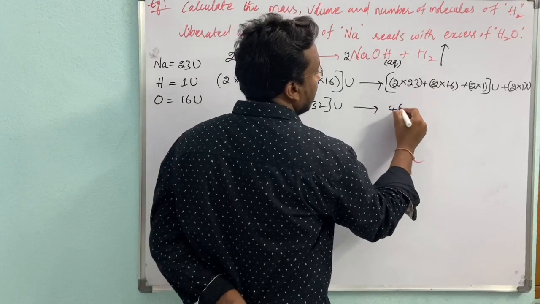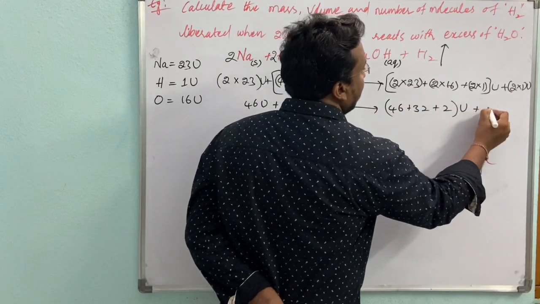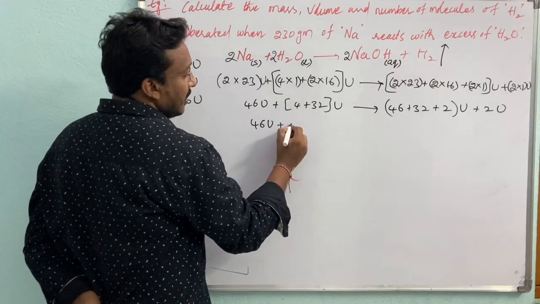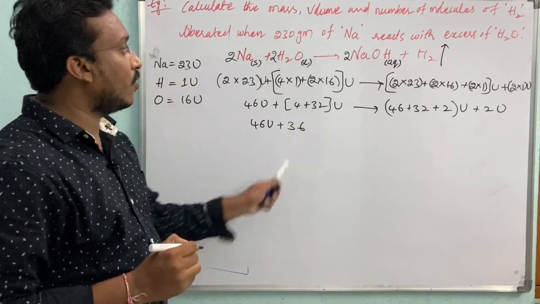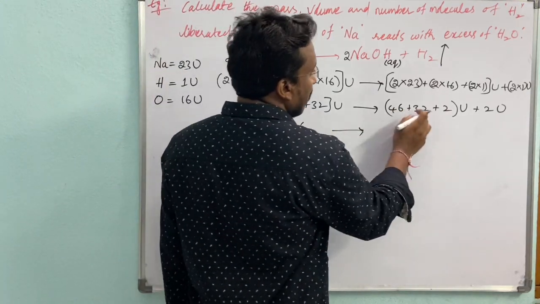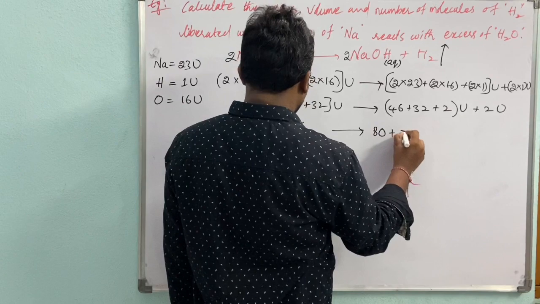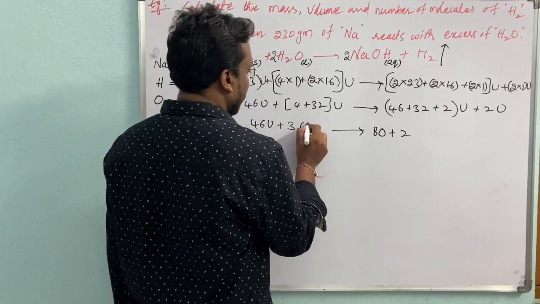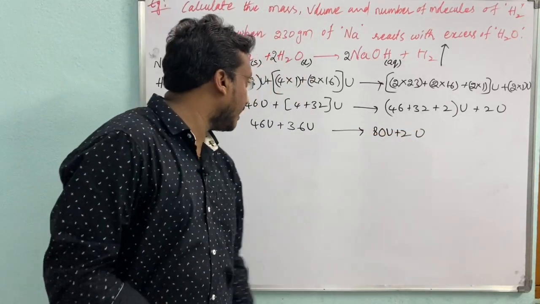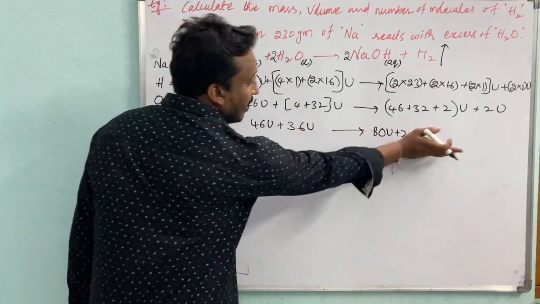Then 46 plus 32 plus 2 plus 2. 46 plus 36 gives 82 on the product side, and here 82. Now it is balanced and correct. This is in unified mass.